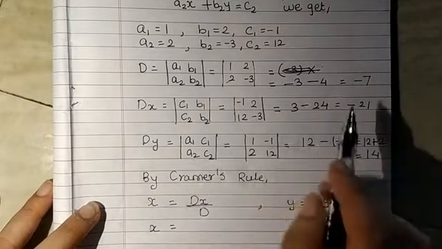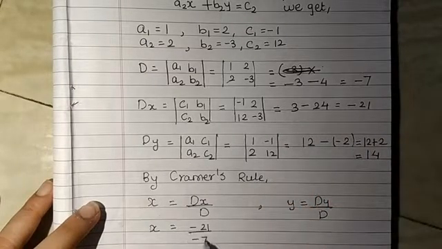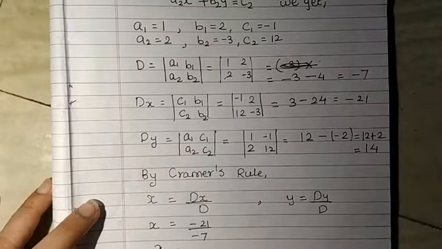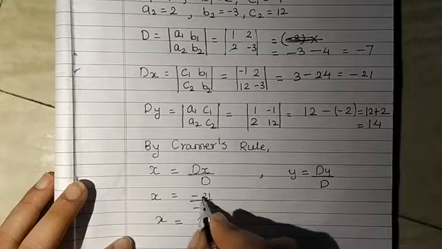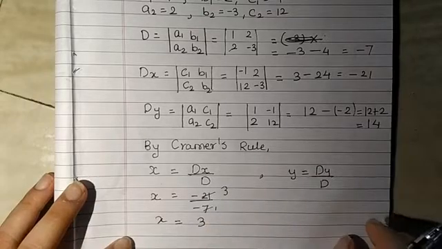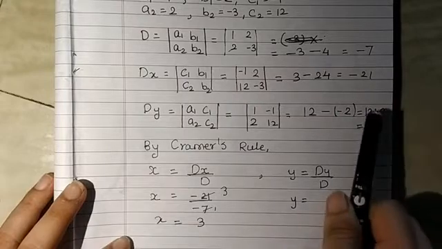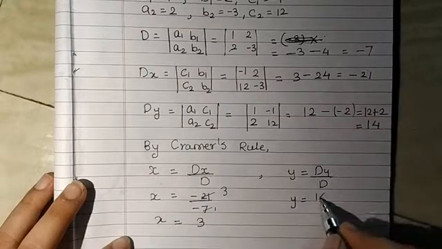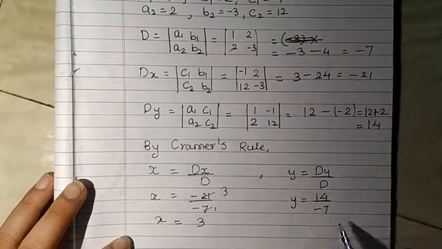So Dx is equal to minus 21, D is minus 7. If I do the calculation, I will get 3. 7 threes are 21. Then for y, I do the same thing, but instead of Dx, I put Dy here, 14. Then I put the value of D, which is minus 7.